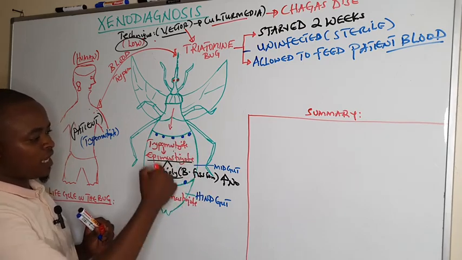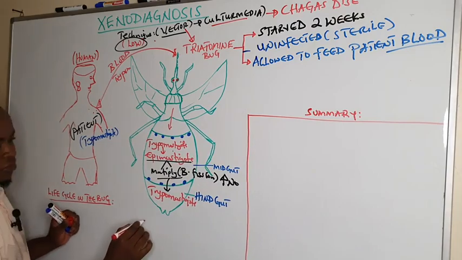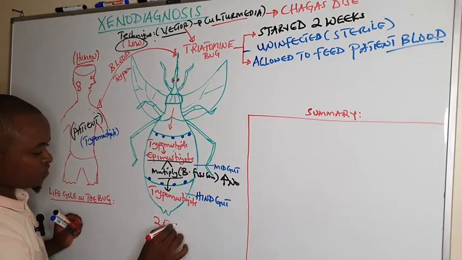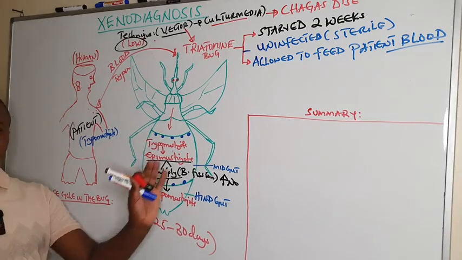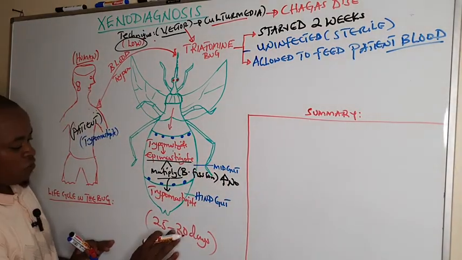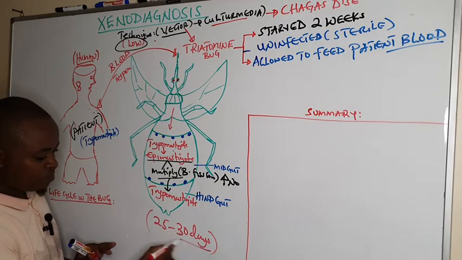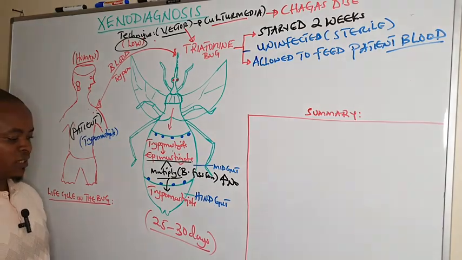This life cycle in the bug takes between 25 to 30 days. So after feeding the kissing bug on the patient's blood, we leave it in the lab for a maximum of 30 days.